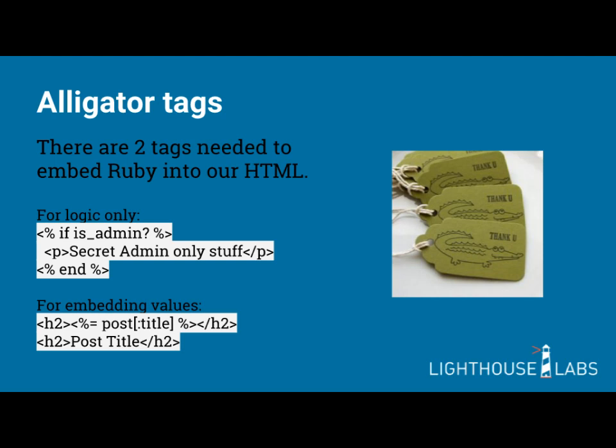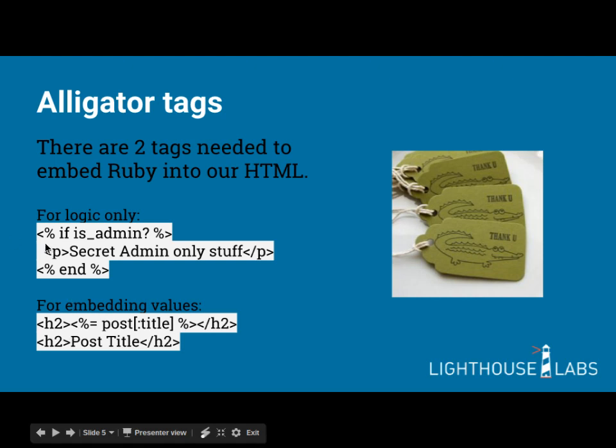So here's some alligator tags up here. Kind of looks like an alligator tag, or kind of looks like an alligator, I guess, right? Although I think if it was an alligator, this would be pointing the other direction because he's got a big mouth or whatever. I guess this is him underneath the water. We got this one down here for the embedded values.